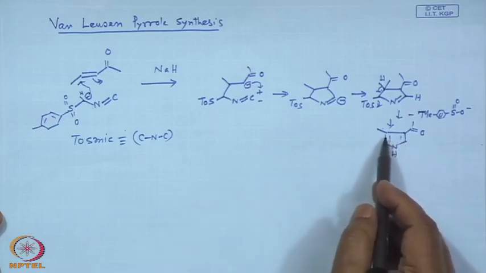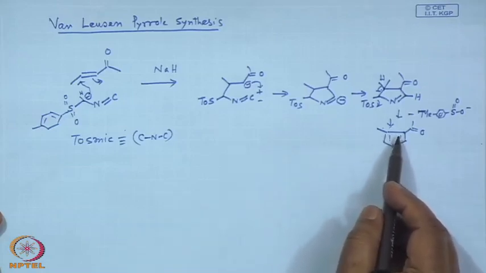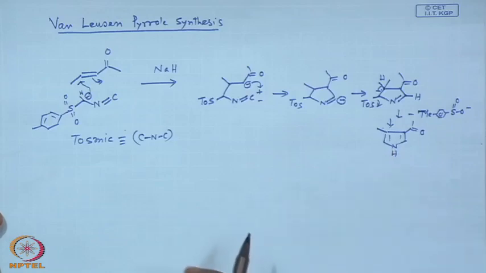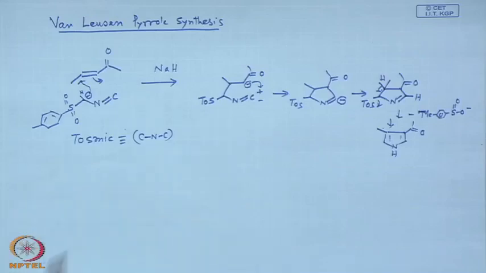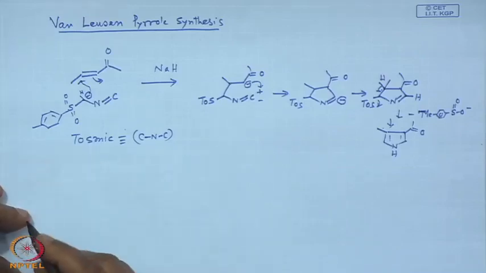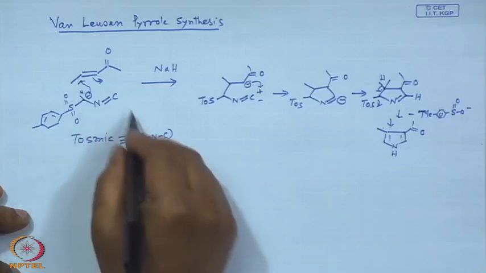What you see here is that you are getting a 3,4-disubstituted pyrrole ring system. Okay. And something a little more, not heterocycle: this compound, TosMIC, is very useful.